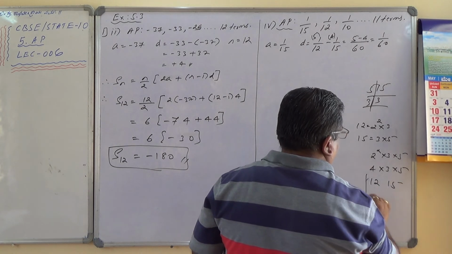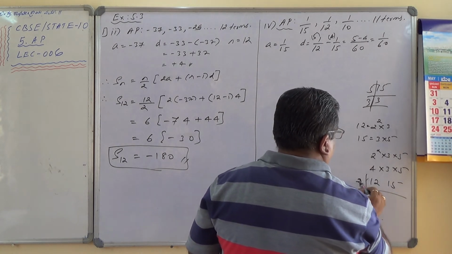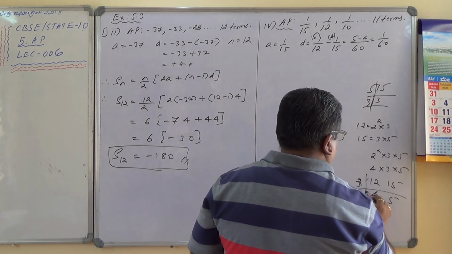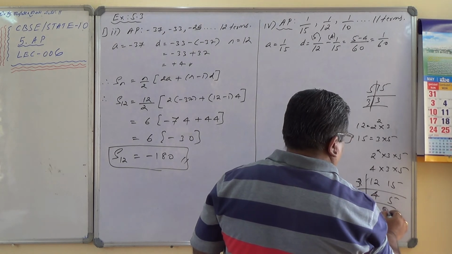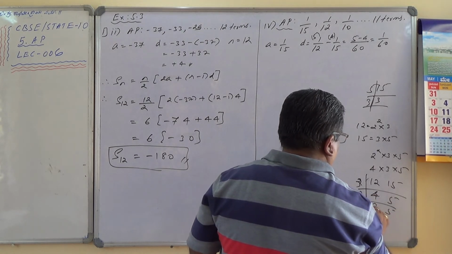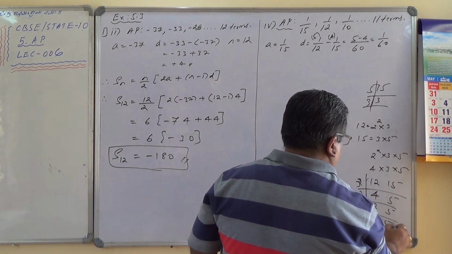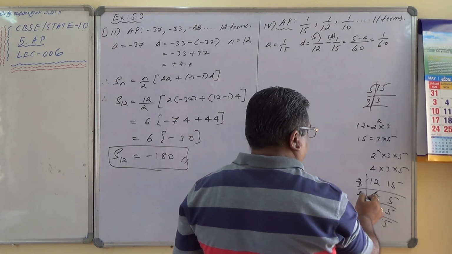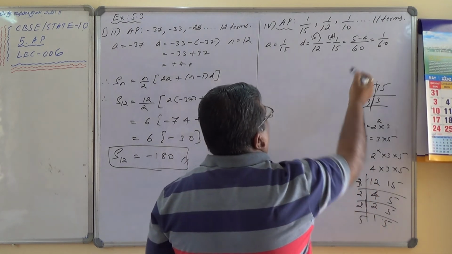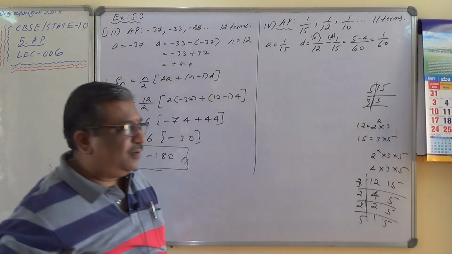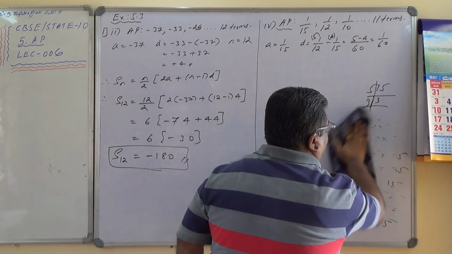You can do this way also. 12 times 5 is 60, 15 times 4 is 60. Correct. Now the common difference we have found out, which is 1 by 60. Okay, fine. Anyway, it took time. It's okay, no problem. We have to solve this, no?